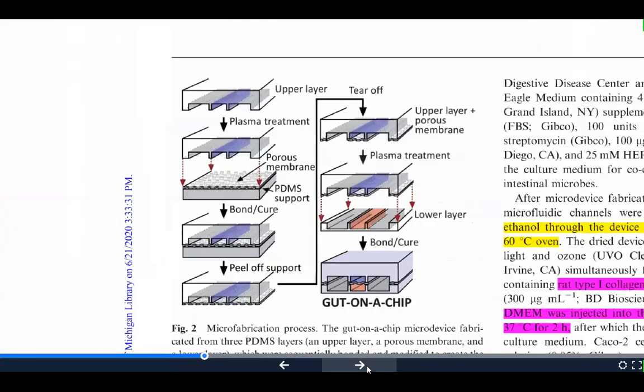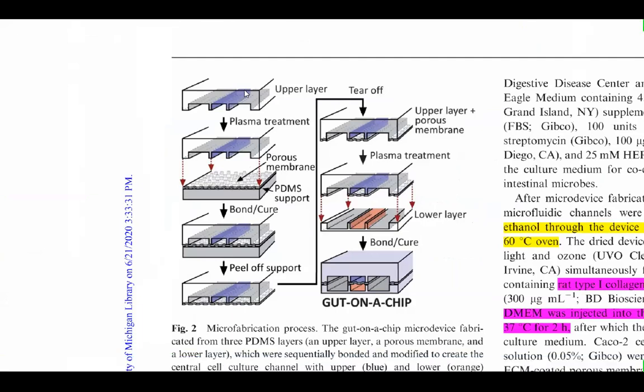In terms of manufacturing the device, the upper layer and lower layer of the microfluidic device were similar, and they were prepared by casting PDMS at a 15:1 ratio of PDMS to cross-linker on a microfabricated mold that was itself fabricated from SU8 photoresist.